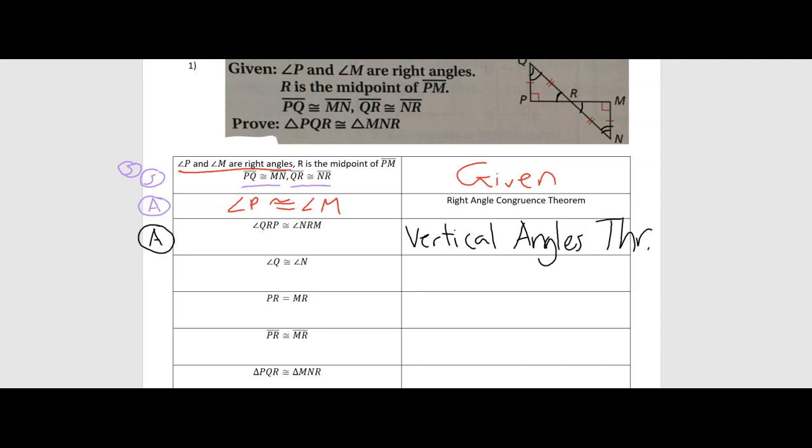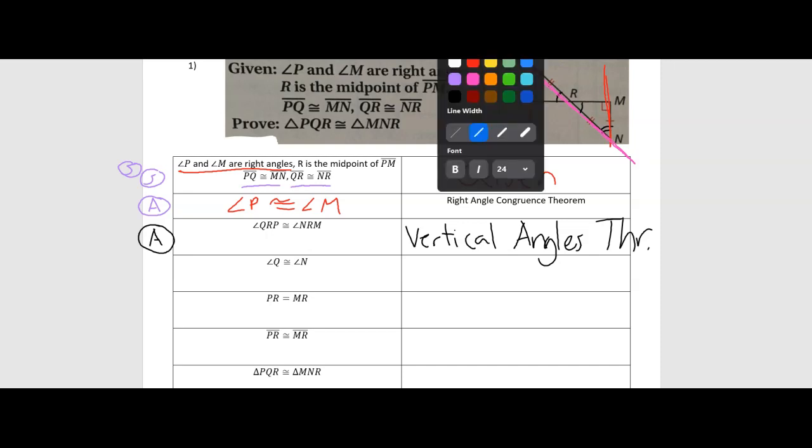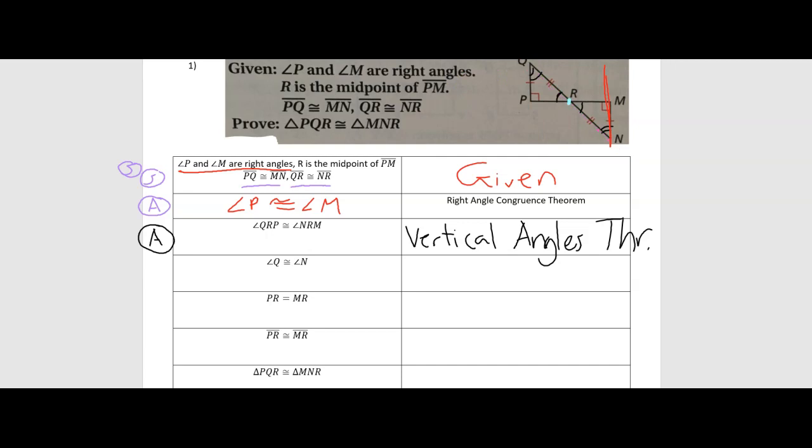If we think that these are parallel lines, those two angles are inside the parallel lines and they're on opposite sides of what you might consider this to be a transversal. The problem is, right, we were never told that these lines are parallel. So we can't make that assumption, and thus we can't use the alternate interior angle theorem.